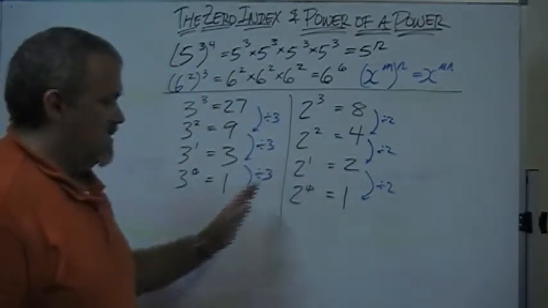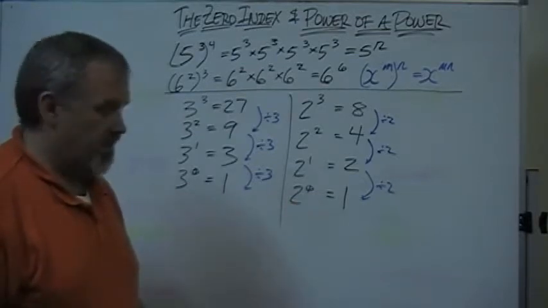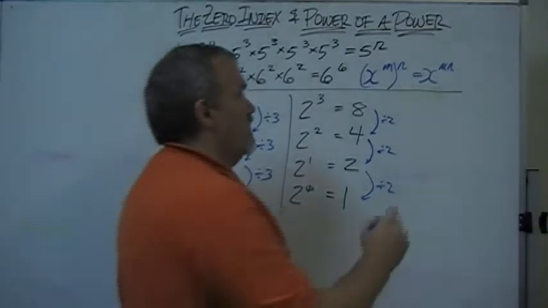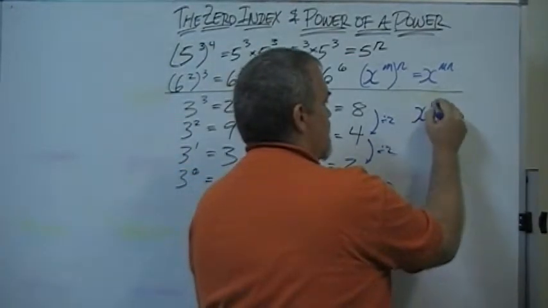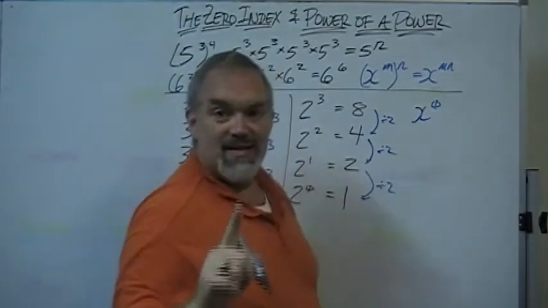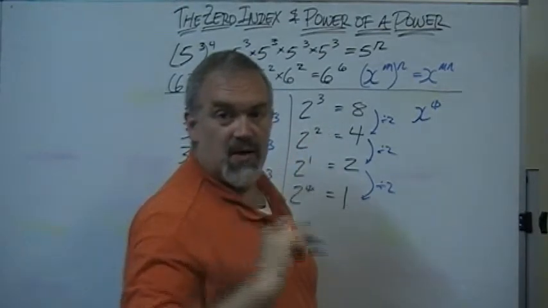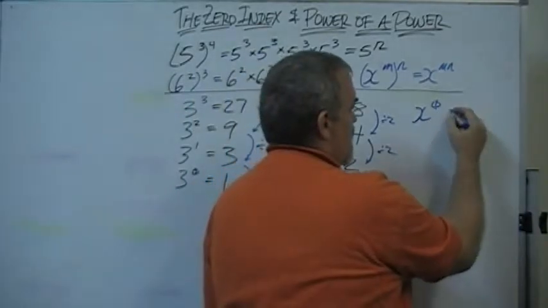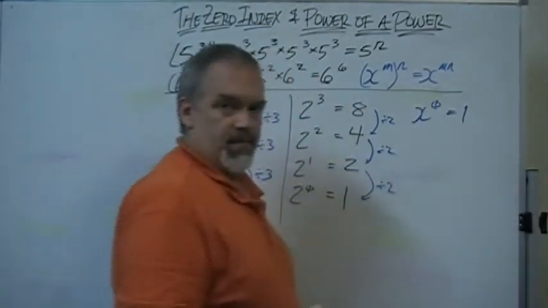Notice the similarity here. So the rule that we developed, the zero index rule, is this one. X to the 0, any base except 0. We can't have 0 to the 0, that's a bigger problem, which we could talk about some other time. But x to the 0 is equal to 1.